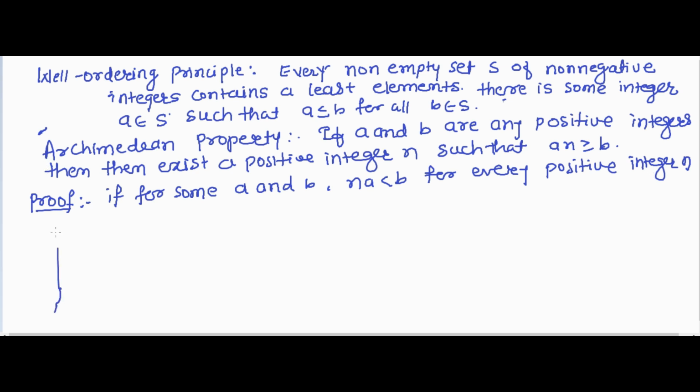Now let us construct one set. Suppose S is my set which consists of elements of the type b minus n a, where n is a positive integer. Look at this condition. This n a is always less than b, so b minus n a is positive, and therefore this set S consists entirely of positive integers.